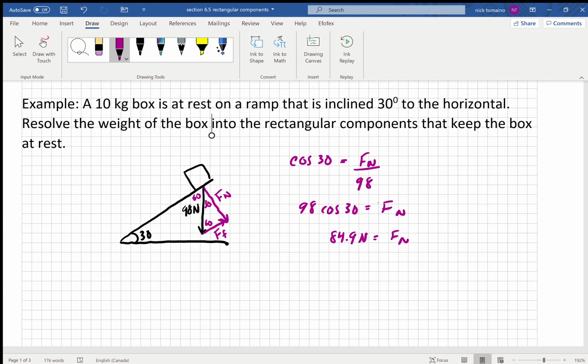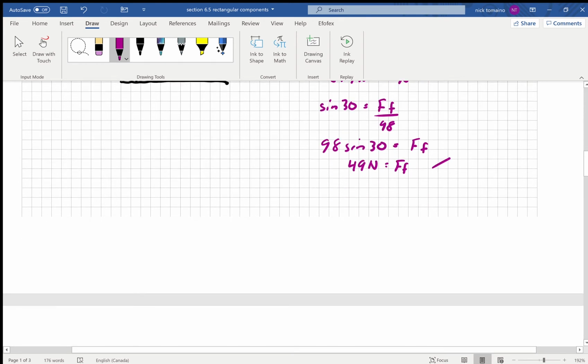So we're going to have the sine of 30 is equal to the force of friction over 98. Again, just multiply. So 98 times sine 30 is equal to the force of friction. And we get the force of friction to be 49 newtons. Okay, and done. Perfect. All right, next example.